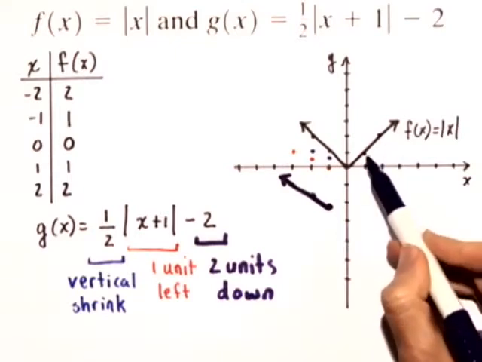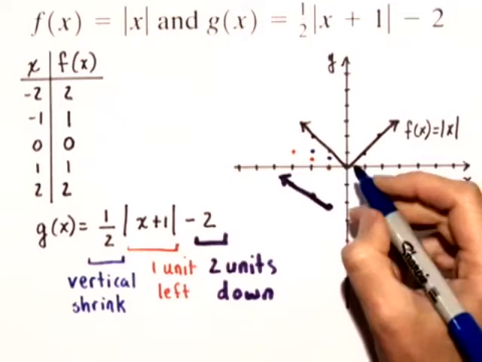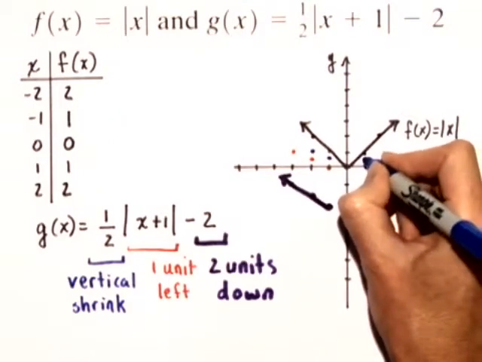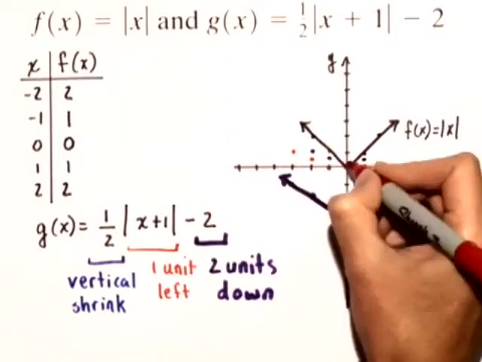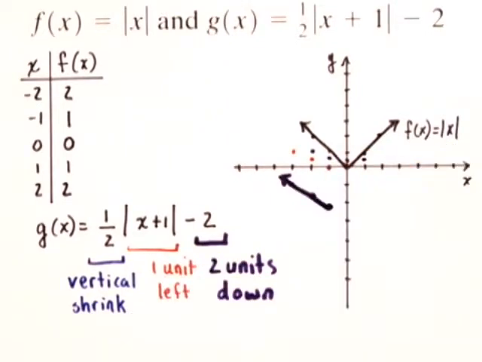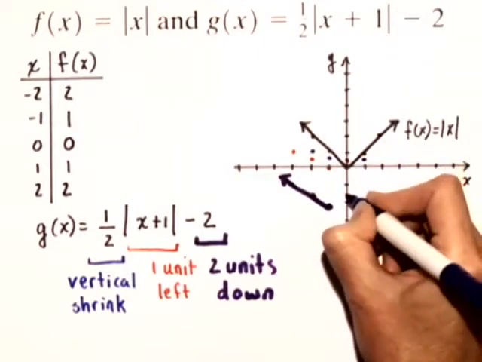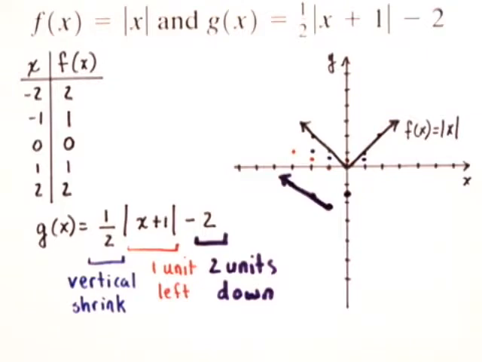I only need to plot these other 2 points. So with 1, 1, I'll make it, first of all, half as large. That's my vertical shrink. 1 unit to the left is my horizontal shift, and 2 units down in purple is going to be the final point. The last point up there, let's start at 2, 2.